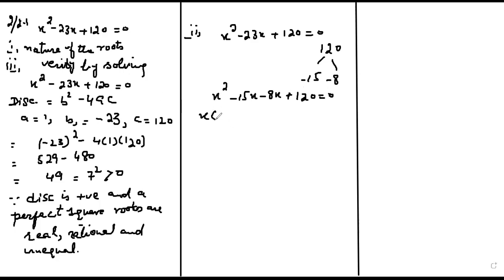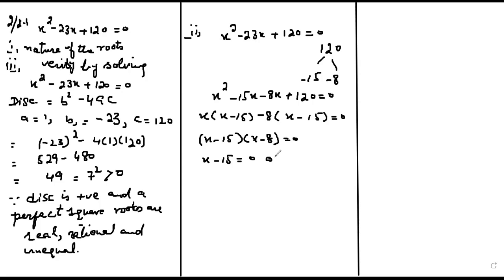Taking x as common, we have x minus 15. We have 8 common with minus sign, x minus 15. We have x minus 15 times x minus 8 equals to 0, means x minus 15 equals to 0, or x minus 8 equals to 0, x is equal to 15 and x is equal to 8.